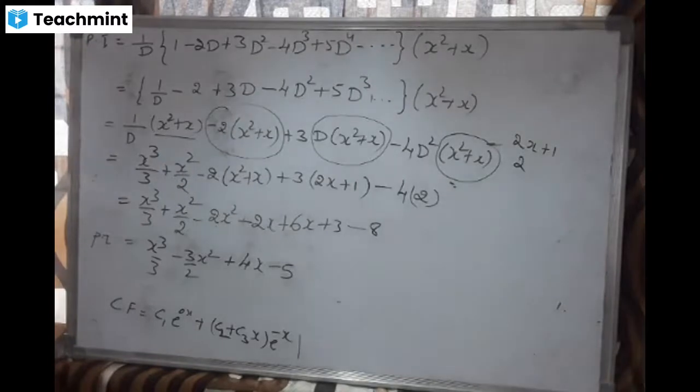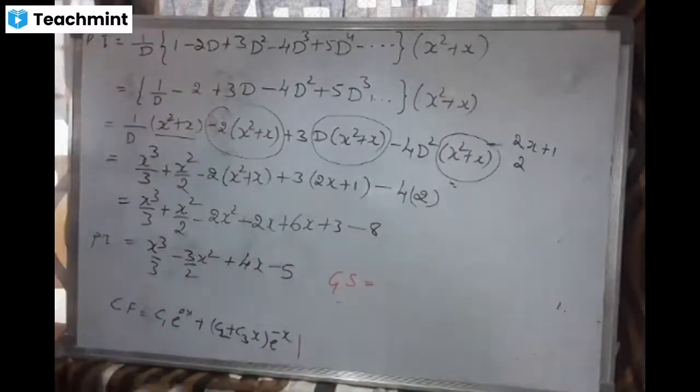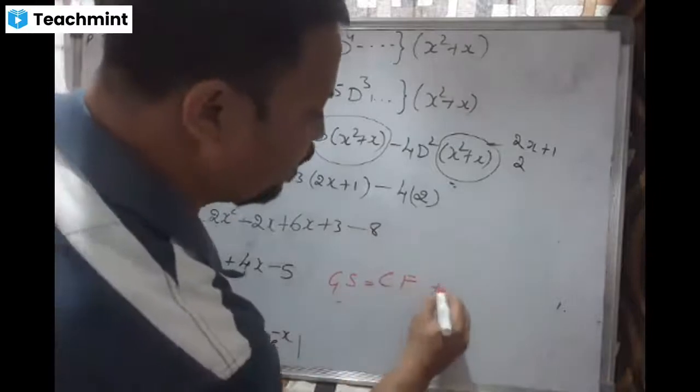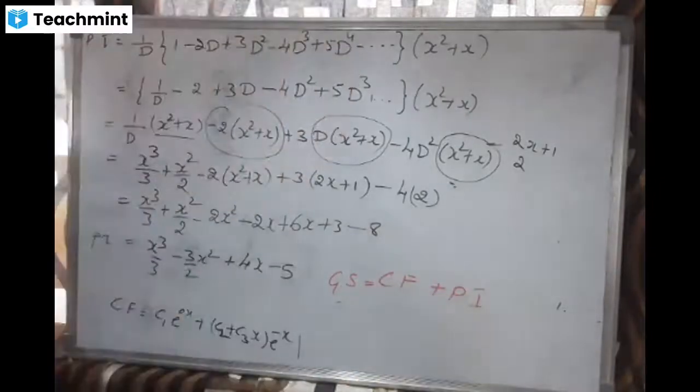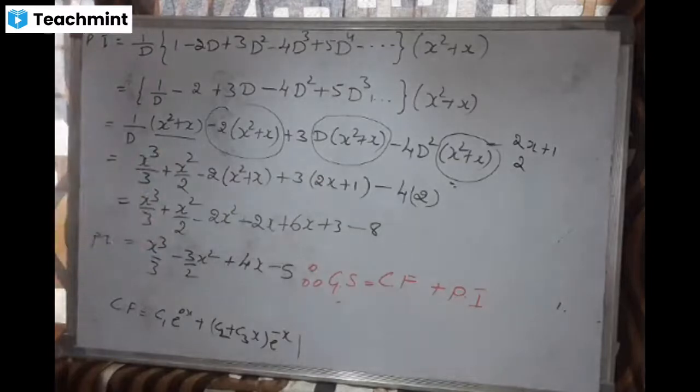Right? So what is my general solution? My general solution is given by CF plus PI. Right? Therefore, GS is equal to CF plus PI. So now what I can do?